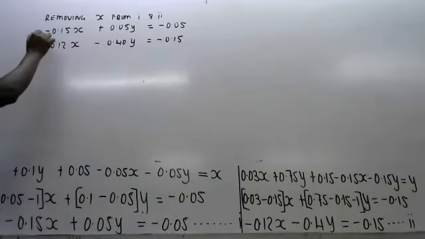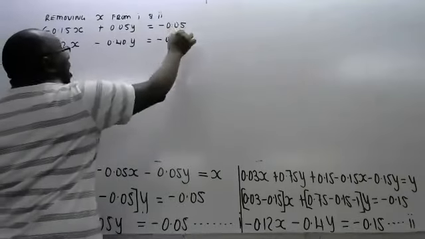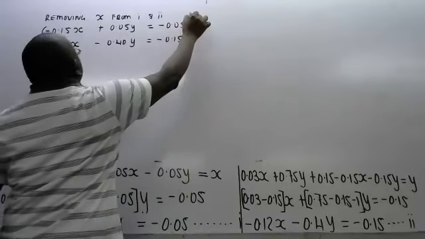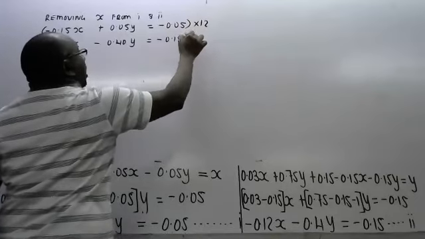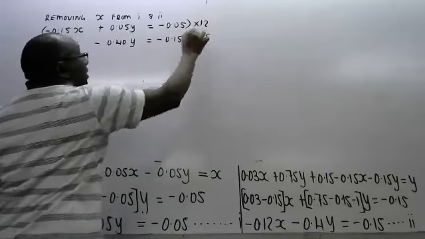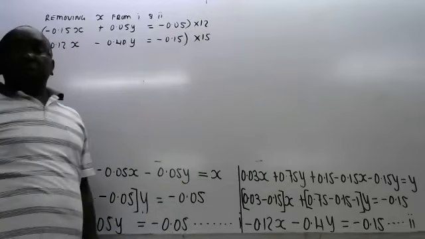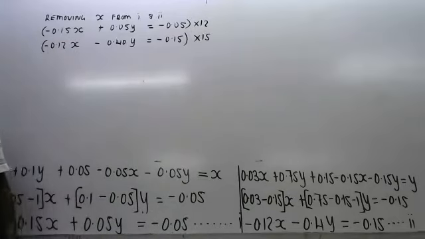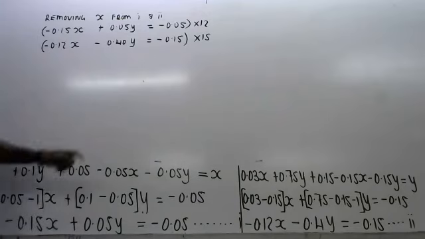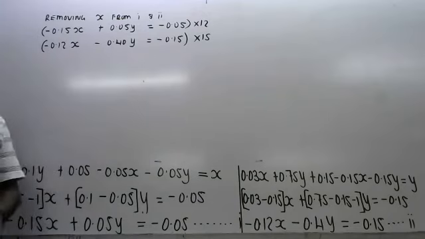So what I will do, I will multiply here by 12 and here I multiply by 15. We are supposed to multiply by opposite coefficients, but because of avoiding the decimals, I'm using the whole numbers.